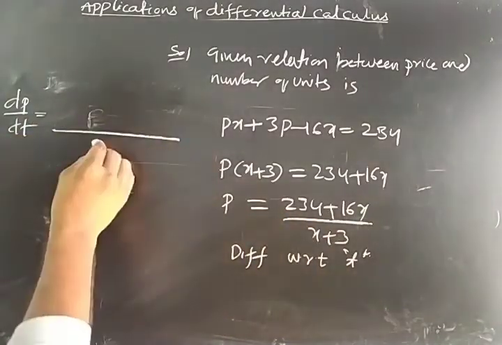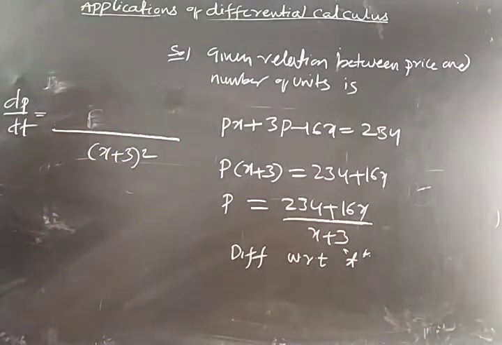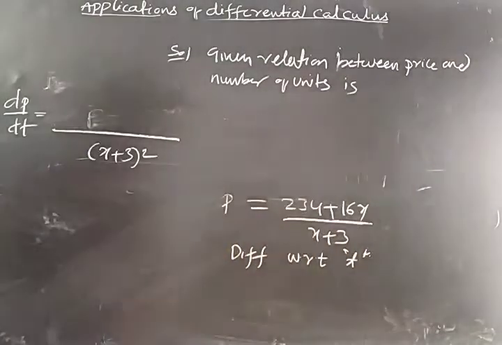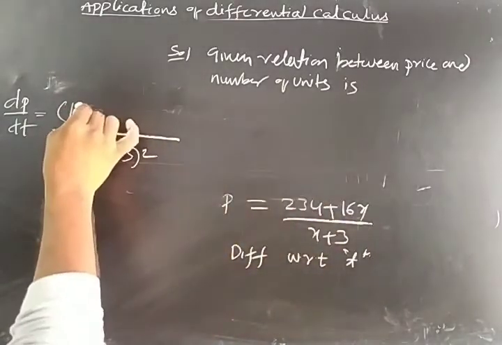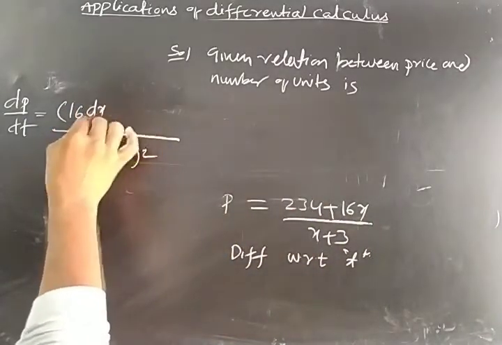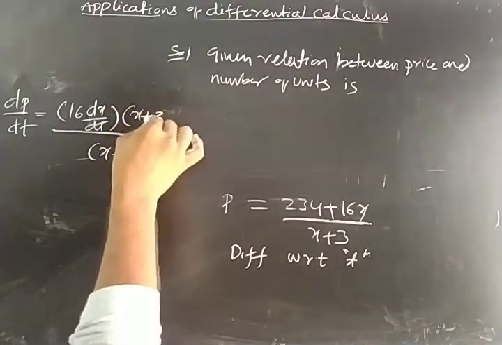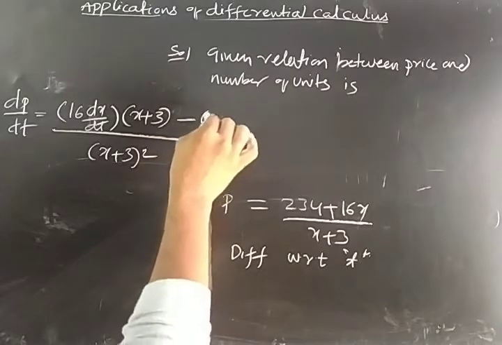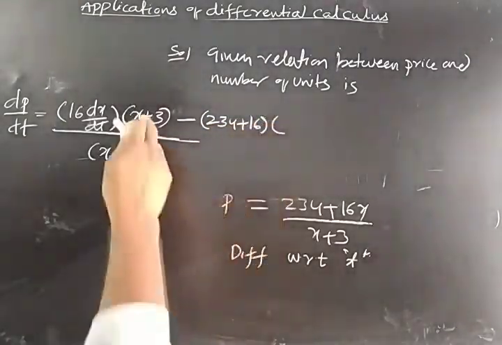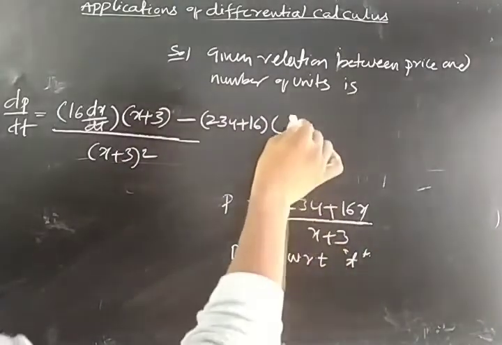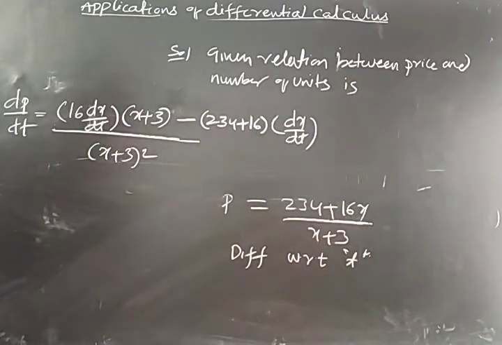In the U by V formula, first U dash, the numerator derivative: 234 derivative is 0, 16x derivative is 16 dx by dt, into the denominator as it is, minus the numerator 234 plus 16x times the derivative of the denominator x plus 3, so x derivative dx by dt, and 3 derivative is 0, all over denominator square V square.